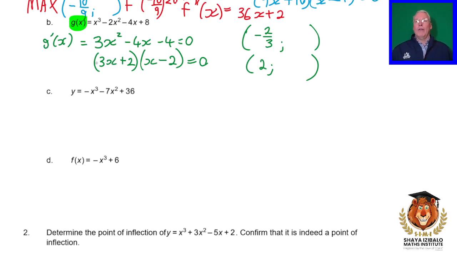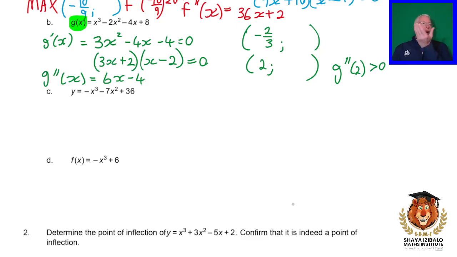What we're going to do now though is look at the second derivative. The second derivative, g double dashed of x, is actually 6x minus 4. Now, if we put 2 into the second derivative, we're going to get 12 minus 4. We're actually going to get 8. I'm not really worried about the fact that it's 8, but I'm worried about the fact that it's positive.